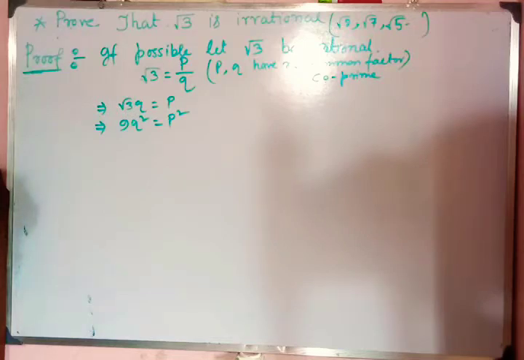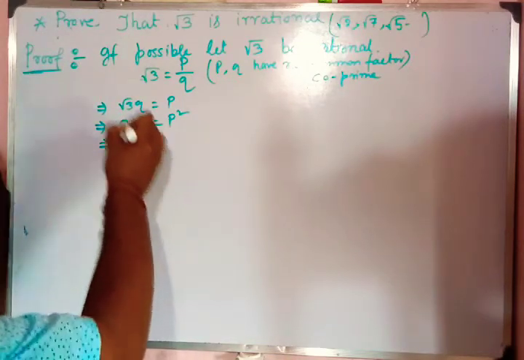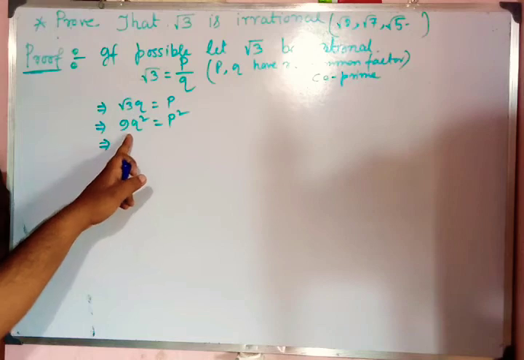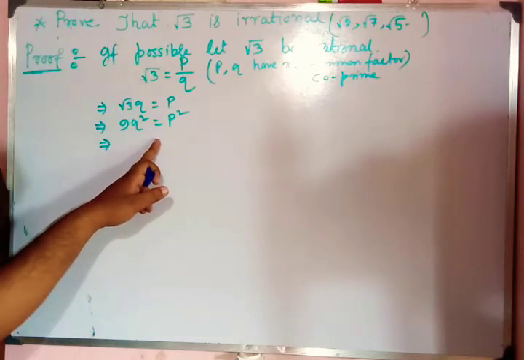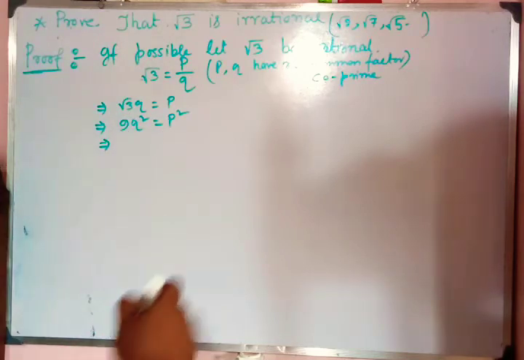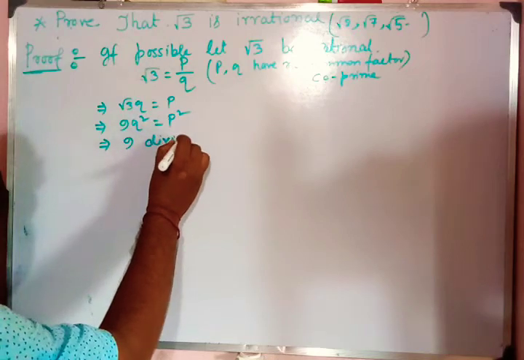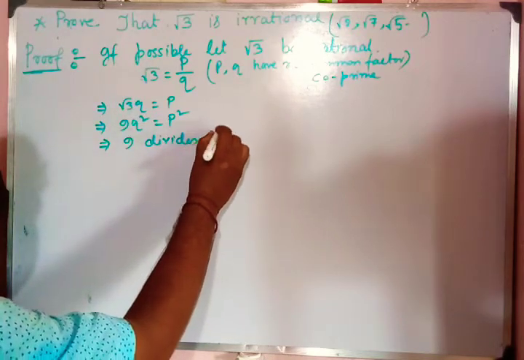Now here we can tell that 3Q square equal to P square, so that means 3 divides P square.